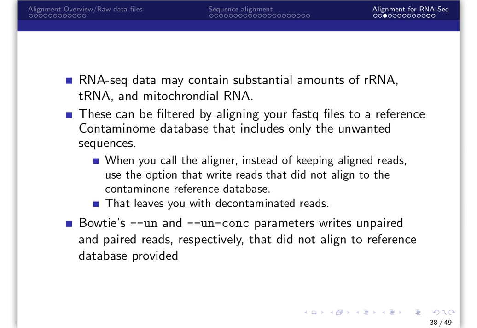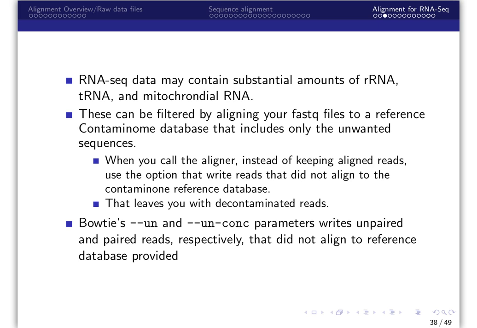RNA-seq data may contain a substantial amount of ribosomal RNA, transfer RNA, and mitochondrial RNA. These can be filtered out in the bioinformatics pipeline by simply using a contaminant file of rRNA, tRNA, and mtDNA sequences for the target species to pre-filter all sequence reads by alignment before mapping the reads to the genome or splice junction database.